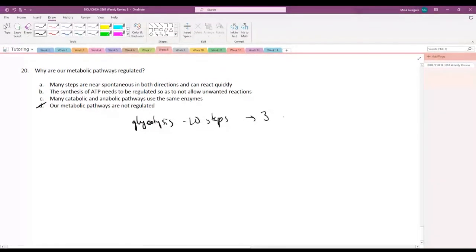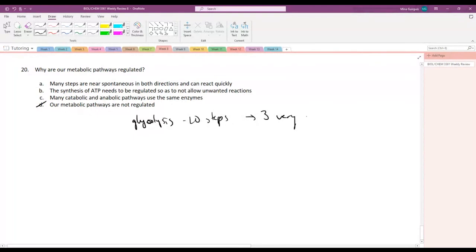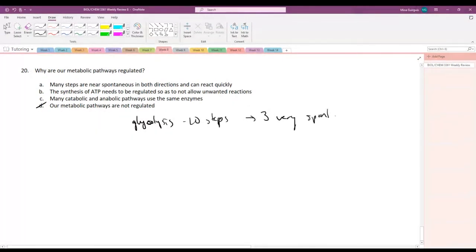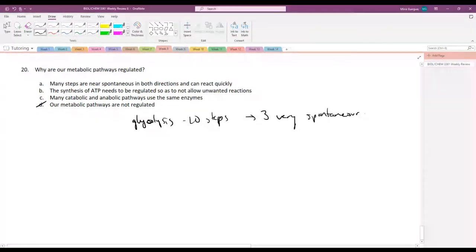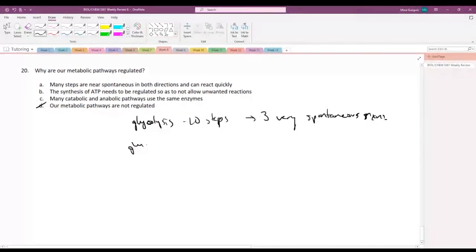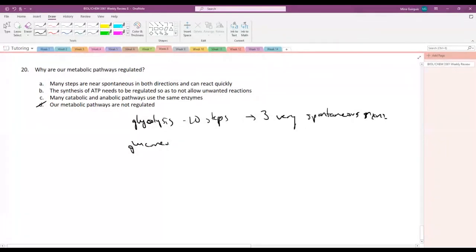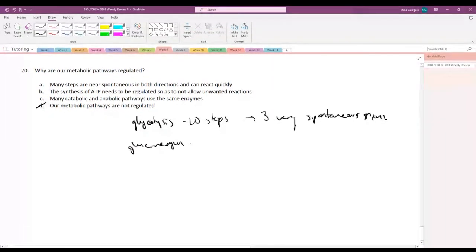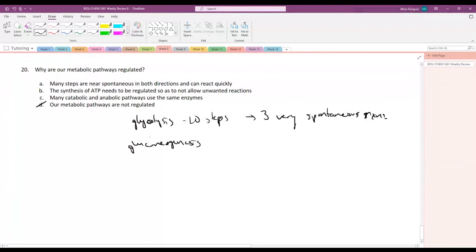Ten steps with 3 very spontaneous reactions. Okay, gluconeogenesis, which I'm going to say is kind of the opposite of glycolysis.